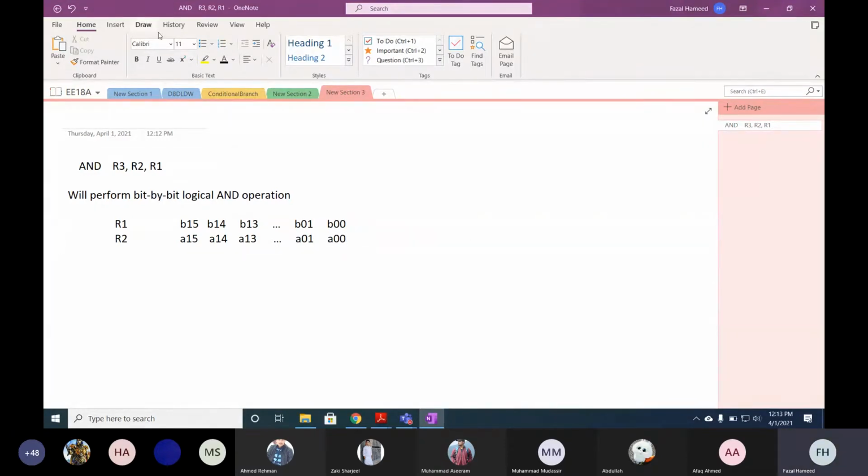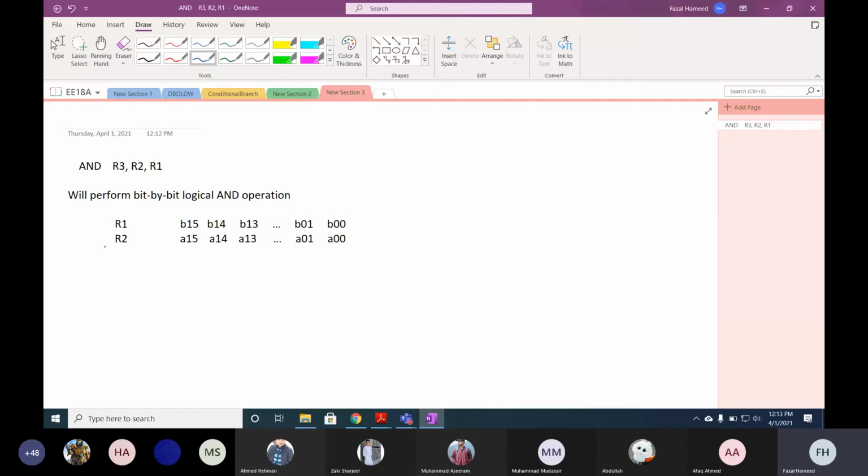So what will be the new contents of R3? Let's assume this is C15, then C14, then C13, and up to C1 and C0.